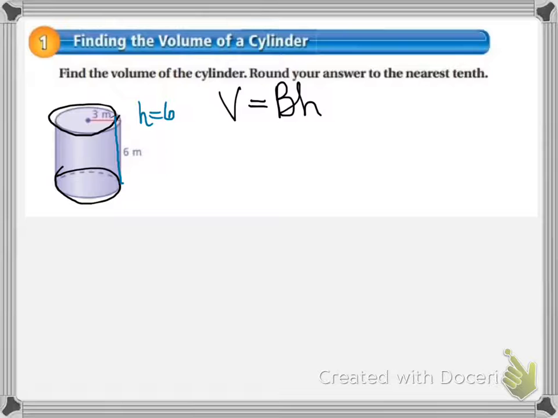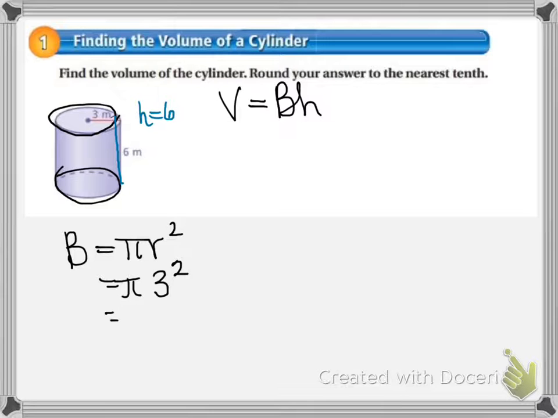And the number one error that people make is they say that the base is 3. Well, the base is not 3 because the base is a circle, so you have to change it and write a formula. Okay, so the base of the circle, the formula would be pi r squared. And this 3 stops at the center, so that would be my radius.